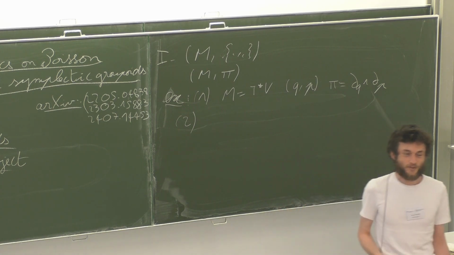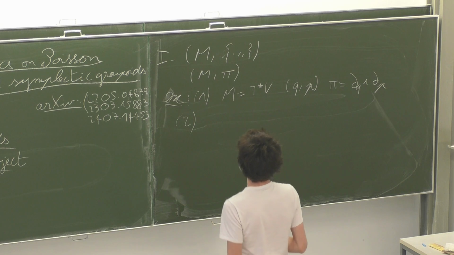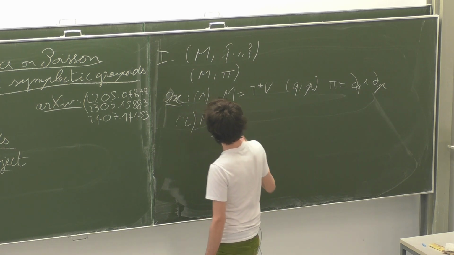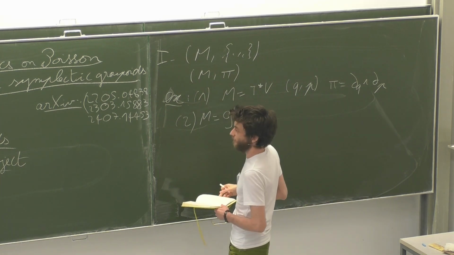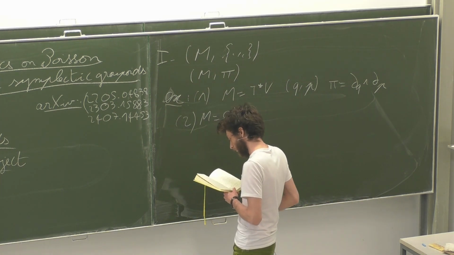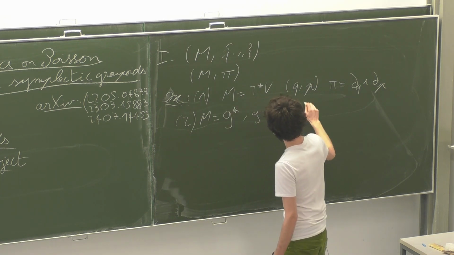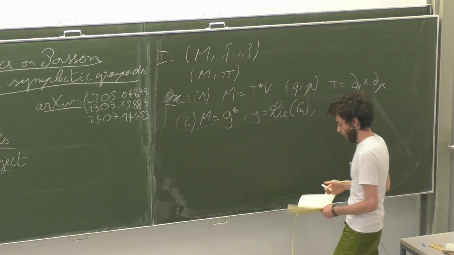The second example is the example of the dual of Lie algebras. So say here it's finite dimensional, everything is finite dimensional here. There is a canonical Poisson structure on g*.